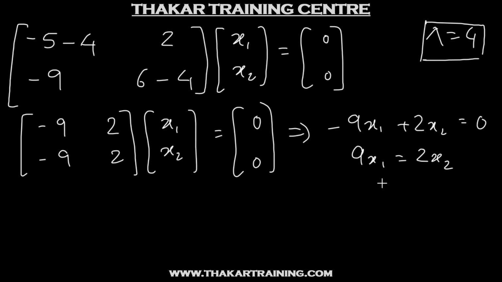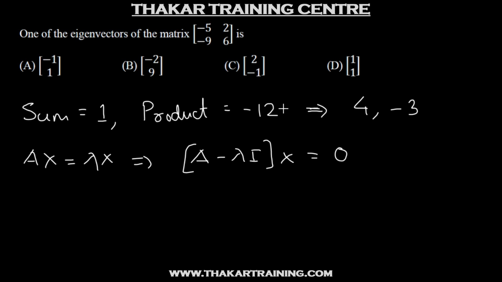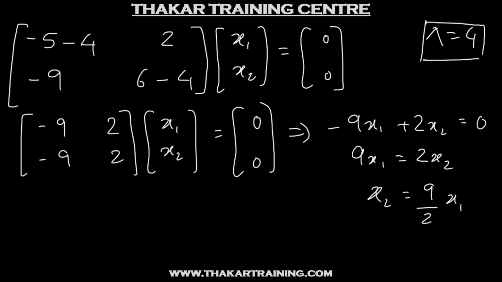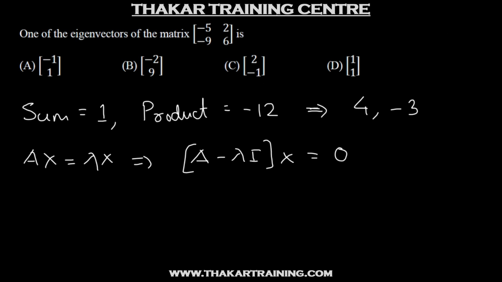So can I write x2 as 9 by 2 x1, right? x2 will be 9 by 2 x1. So now let's quickly check the options. x2 is 9 by 2 x1. So that means that if x1 is 2, x2 should be 9.